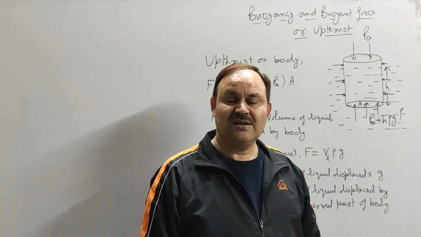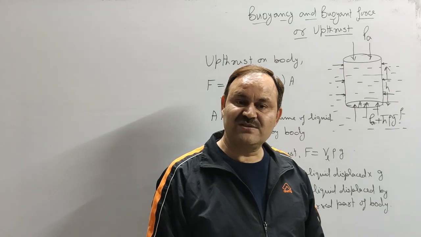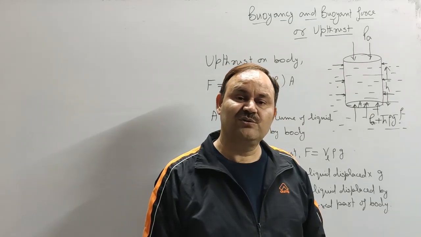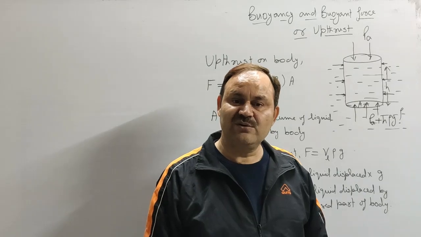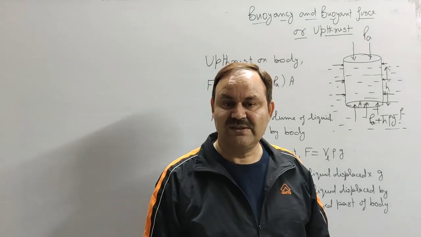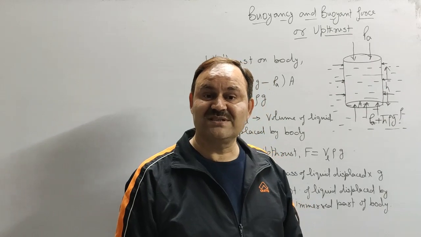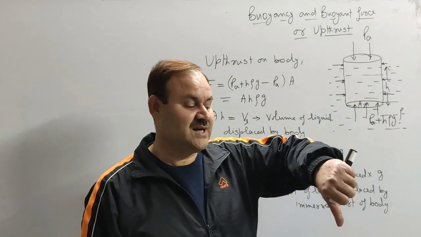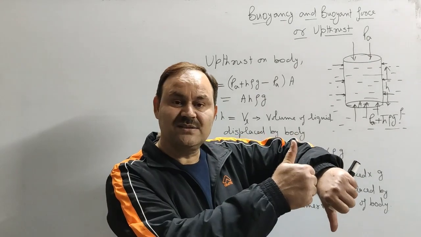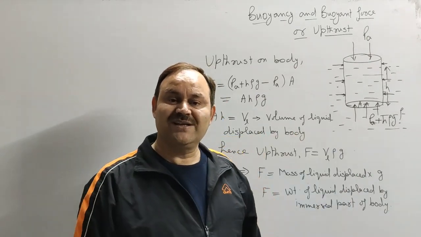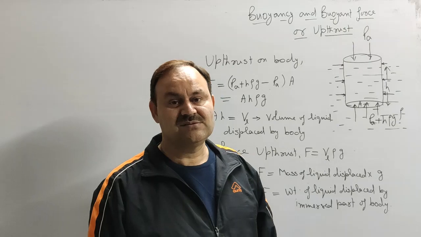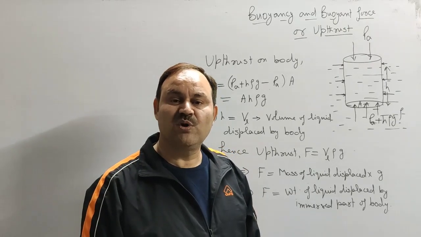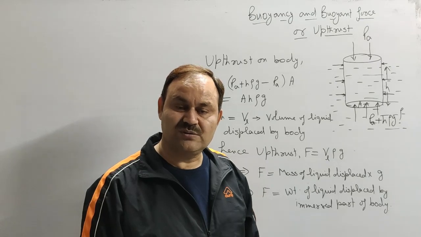When the weight of fluid displaced by the immersed part of the body becomes equal to the weight of the body itself, then the two forces, the weight acting downward and the upthrust acting upward, will cancel each other. It means the net force on the body will become 0 and the body will begin to float.